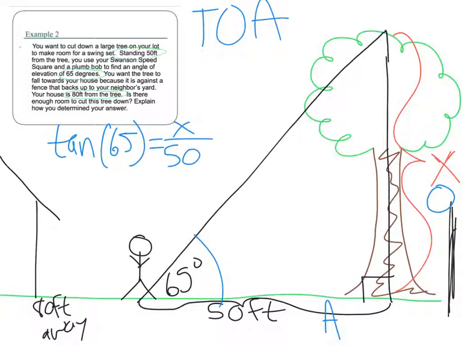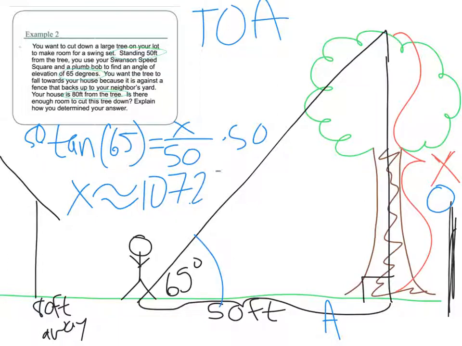So when I solve this, I'm just going to multiply by 50, and I'm going to get x equals 107.2253, so about 107 and a quarter feet, so 107 feet and 3 inches. Well, is that going to be okay?